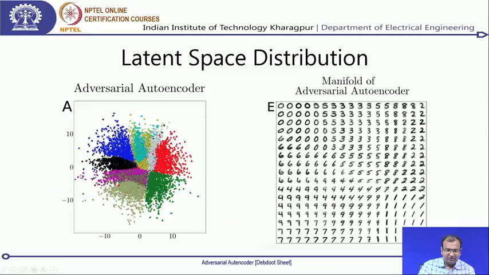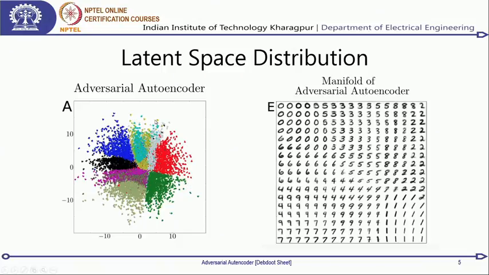Now, in our experiments we took the MNIST digit recognition dataset, created an autoencoder and the adversarial part, and then looked into this Z. This Z is basically a 2D latent representation, and what we saw was that each of these colored clusters belongs to one class of number. From 0 to 9 you have 10 classes, so you see 10 distinct colors here.